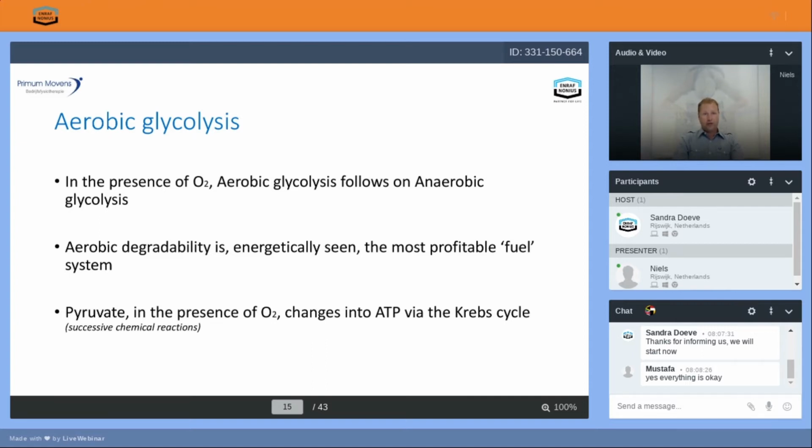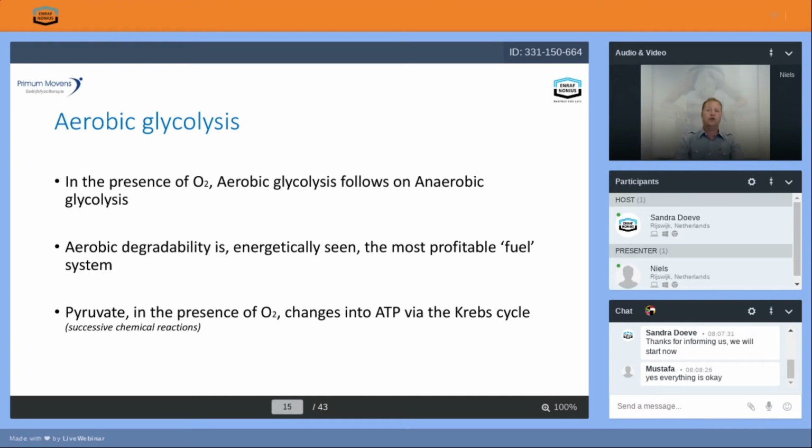The pyruvate that I talked about changes into ATP via the Krebs cycle, and it will go too far to discuss all the chemical reactions within the Krebs cycle. It needs energy, and it's a series of successive chemical reactions where pyruvate will be transformed into ATP with some side effects and some other chemical materials that will be produced and will be regenerated in the body again.